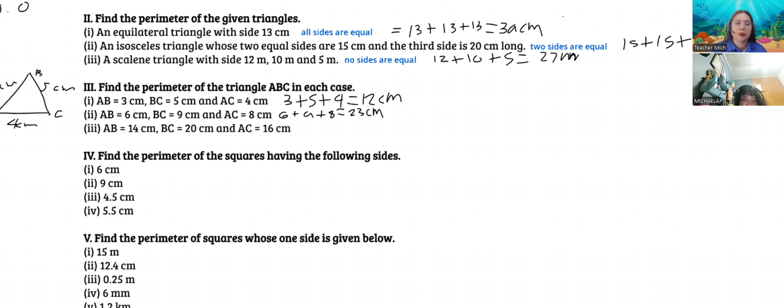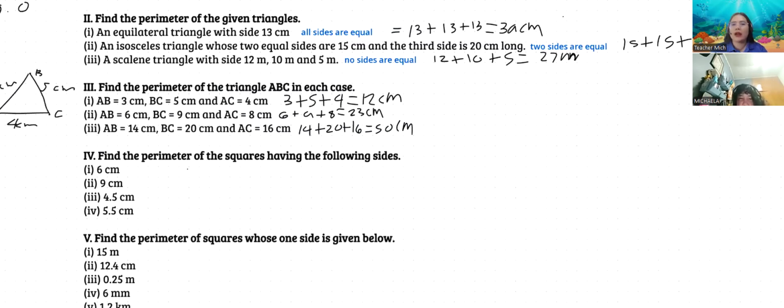AB is 14, BC is 20, and then AC is 16. Very good. That is 50 centimeter.